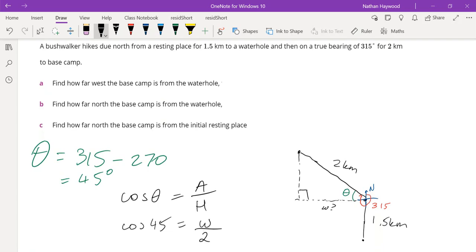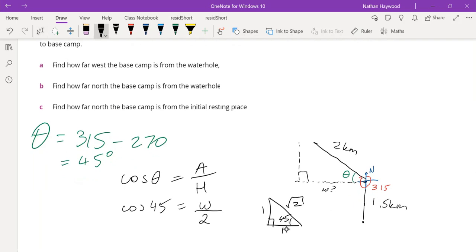Now, if you remember your special triangles, what is cos 45 also equal to? This is what the special triangle looks like: 1, 1, square root 2. What's cos 45 also equal to? It's the adjacent over the hypotenuse.